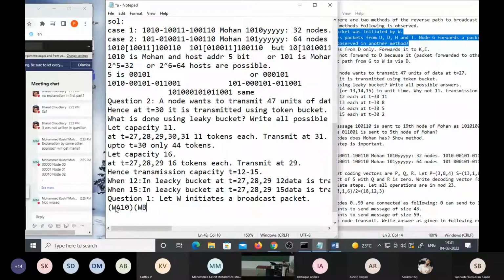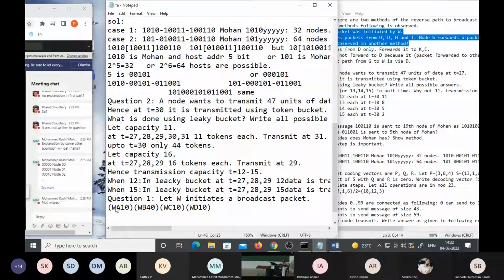W is connected with B also with 40 unit path. W is connected with C with 10 unit path, and W is connected with D with 10 unit path.